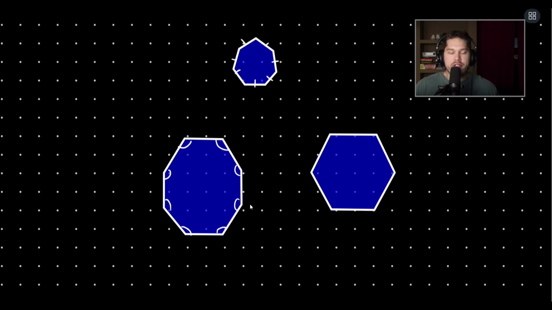So I know they're not perfect. I'm not the perfect drawer, but take these all to be regular polygons. Now, my question for you all is, what is the angle measurement of just one of the interior angles?